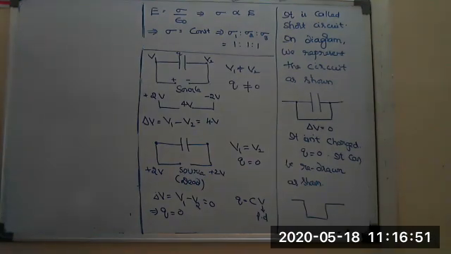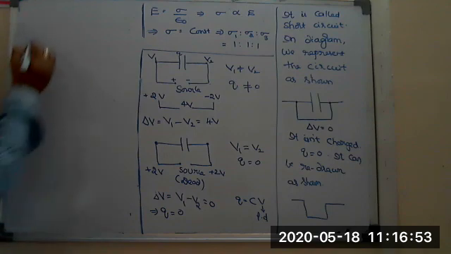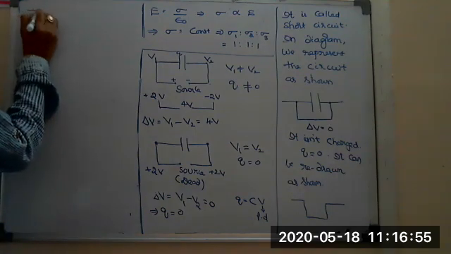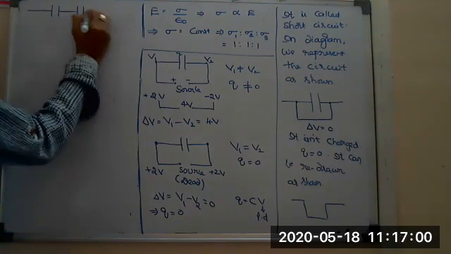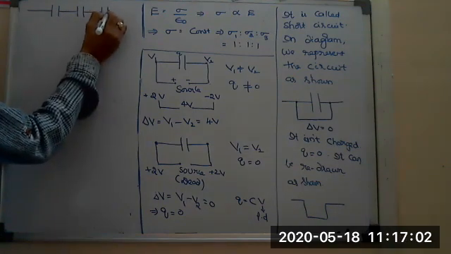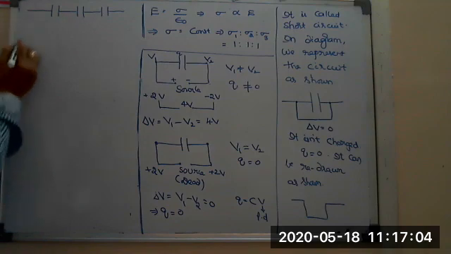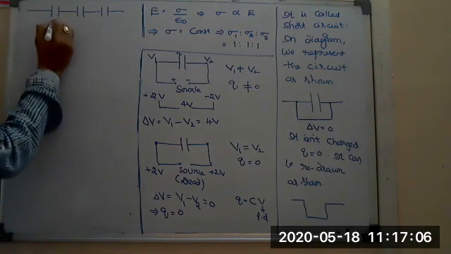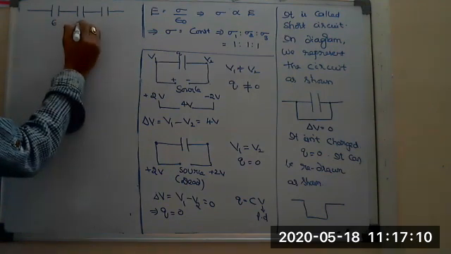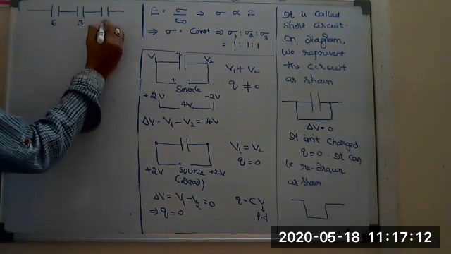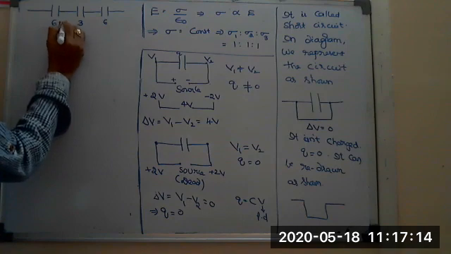Suppose in a circuit, 1, 2, 3 capacitors are given like this. Their capacities are 6, 3, and 6 microfarad.